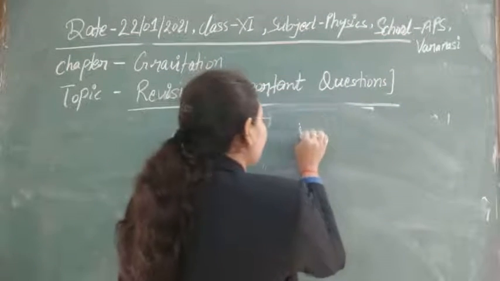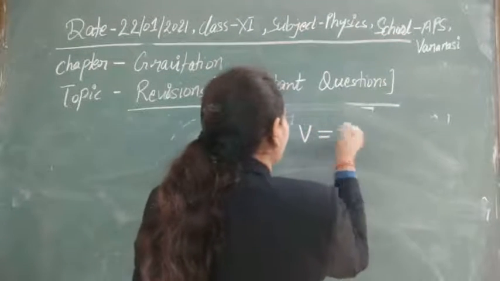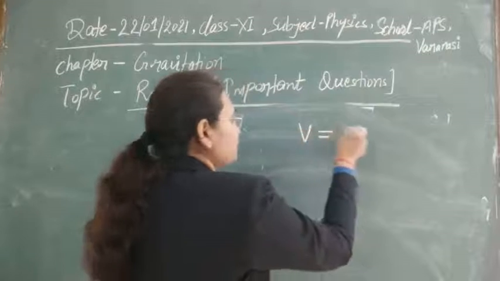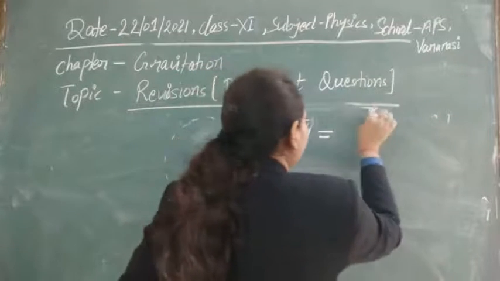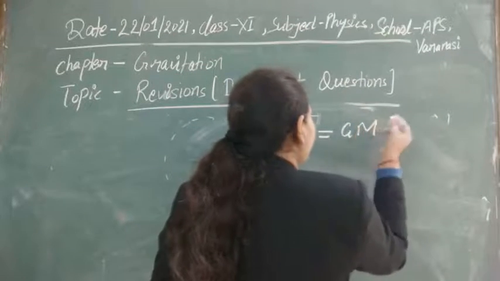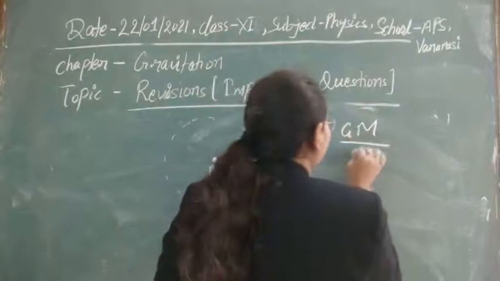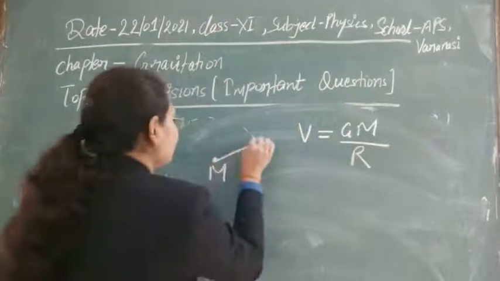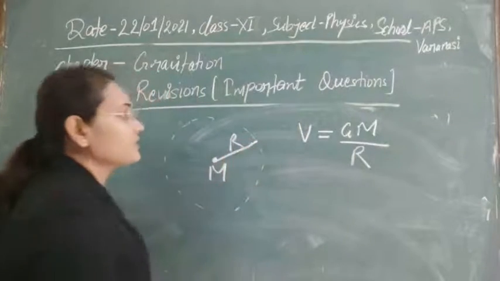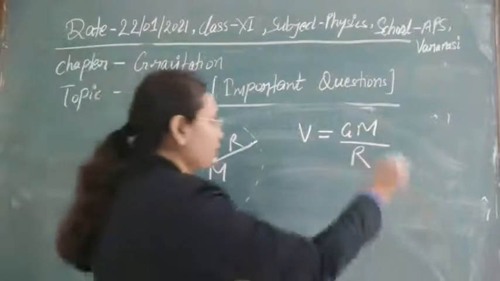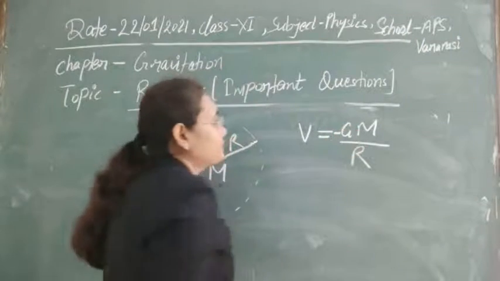After calculation, first we have seen the gravitational potential, which is equal to minus Gm upon r, where m is the mass and r is the distance. So this is the gravitational potential we have just seen.